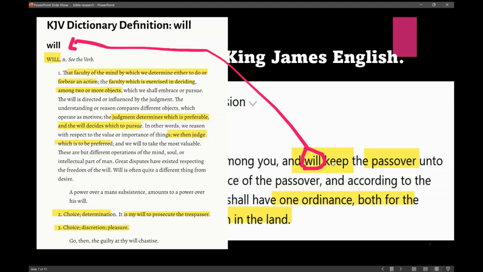Number 2, it means choice, a determination. "It is my will to prosecute the trespasser." You don't have to prosecute the trespasser, but you want to. You wish to, okay? And in King James English, you will. It's not mandatory that you do it, because in this period of English, it means wish. Number 3, choice, discretion, pleasure.